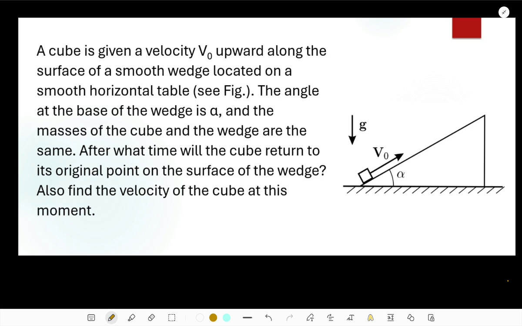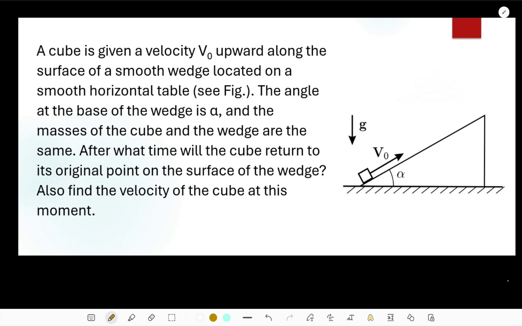So, can we consider the motion of the system's center of mass? Because I can see one thing here: since external forces act only vertically, the horizontal component of the center of mass velocity remains constant. I guess so.